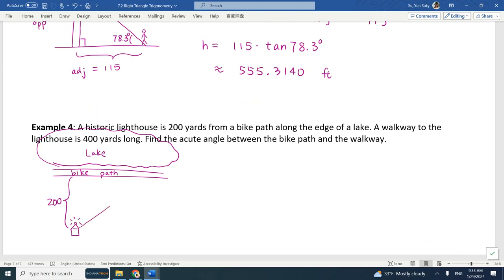So we have a walkway right here, which is 400 yards long. Yes? And we want to find the acute angle between the bike path and the walkway. So we want to find this angle, theta.